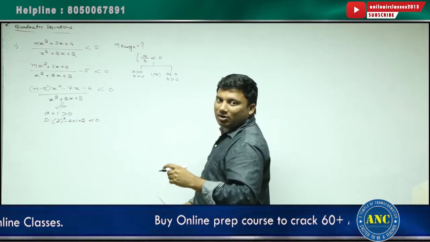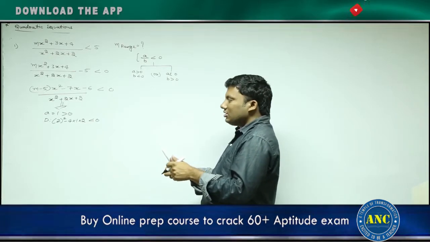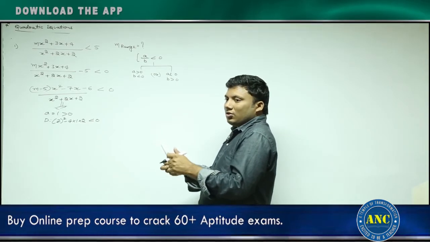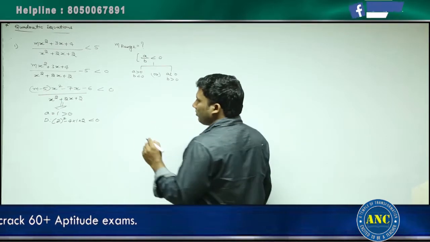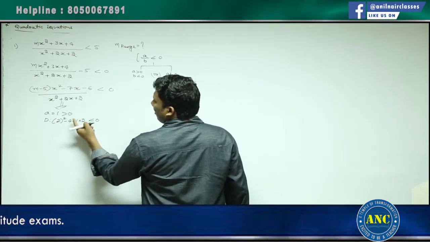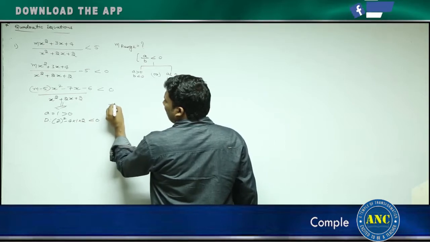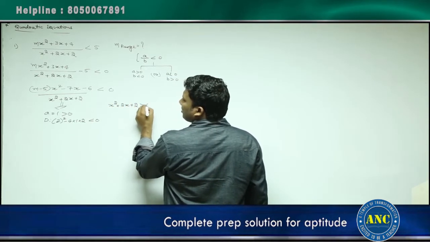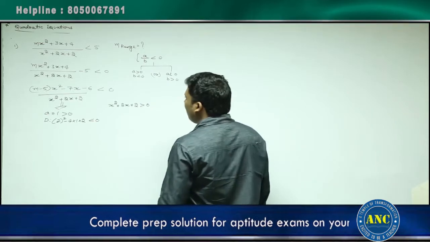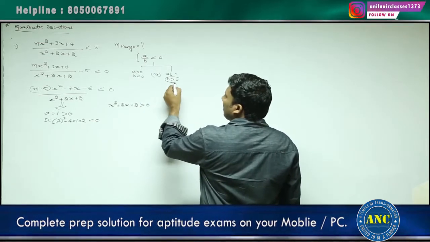A greater than 0, d less than 0. You remember we discussed, if d is less than 0, a greater than 0, the expression will be greater than 0. So that means, because of the behavior of a and d, x square plus 2x plus 2 is always greater than 0. That means the denominator is greater than 0.